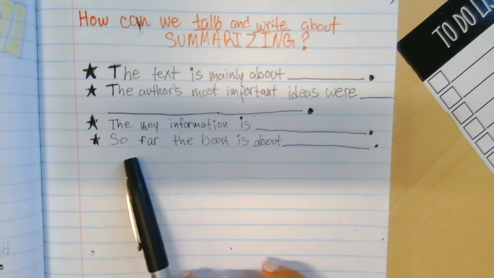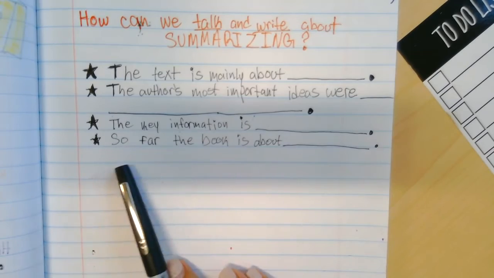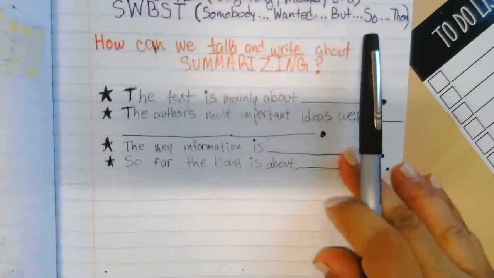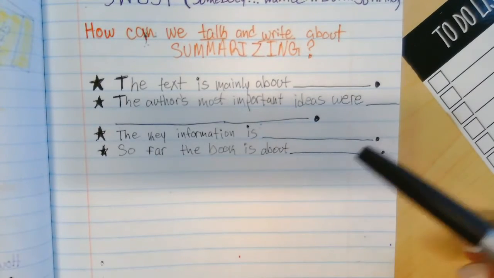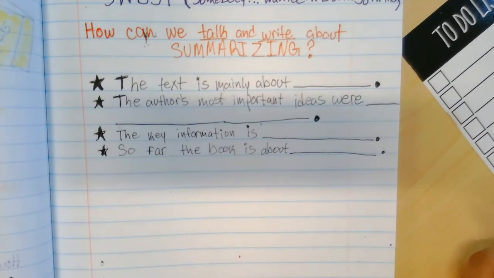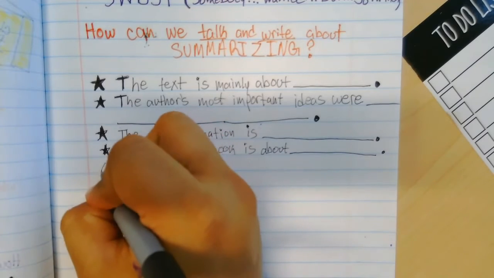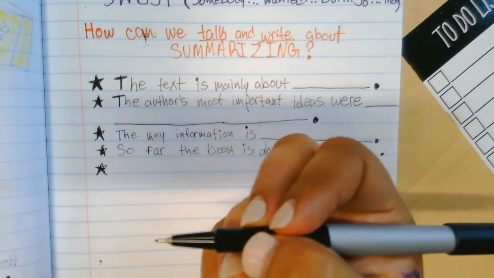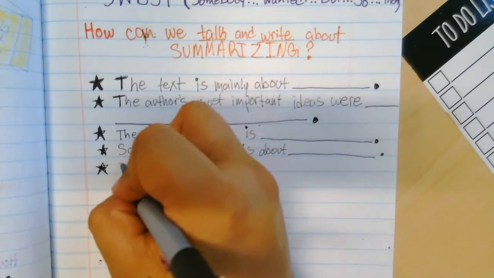See, with this one, we don't have to finish a whole book, or finish something, to write a summary of what we have read so far. Okay? Another star. This is the last star.